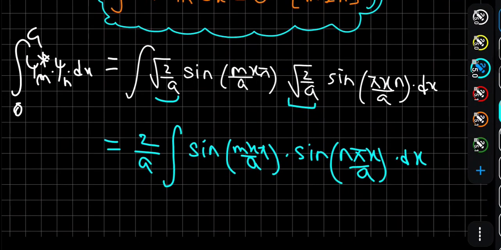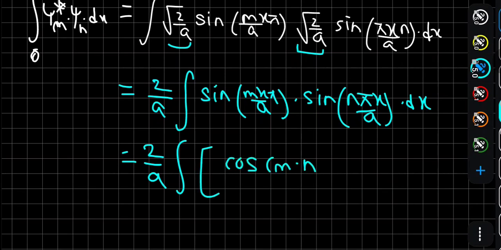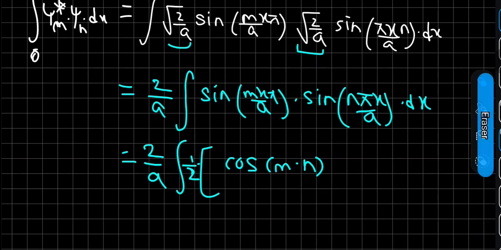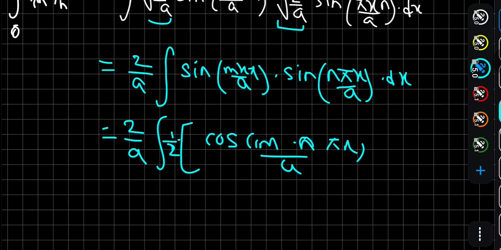Here I'm going to use a trigonometric identity: sine a times sine b is equal to one half of the cosine of (a minus b) minus the cosine of (a plus b). So the first term is cos of (m minus n) pi x divided by a, all in the bracket.